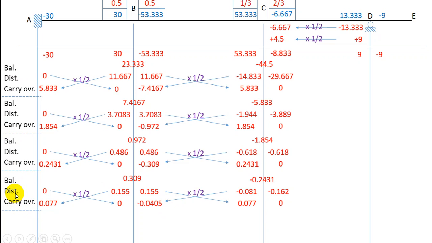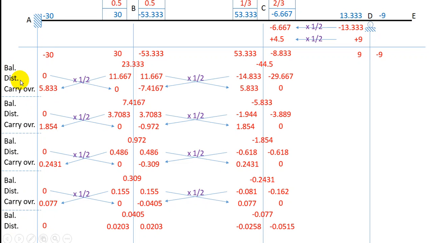So you could have stopped your iteration on this distribution step as well, but I recommend that you do at least 4 to 5 iterations, and only when you see that these values are quite small, you stop your iterations. And even after these iterations, you will have to do one more iteration, and you have to end it on the distribution step. So your moment distribution always ends on the distribution step.